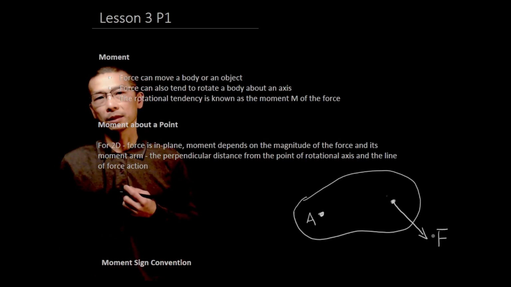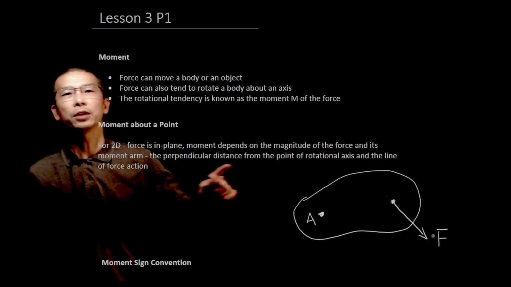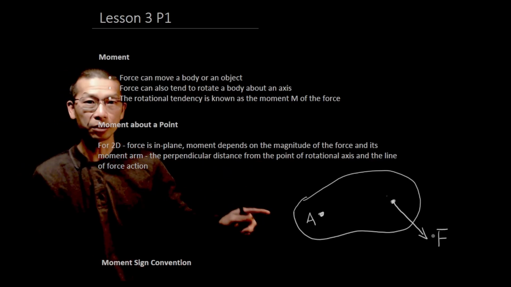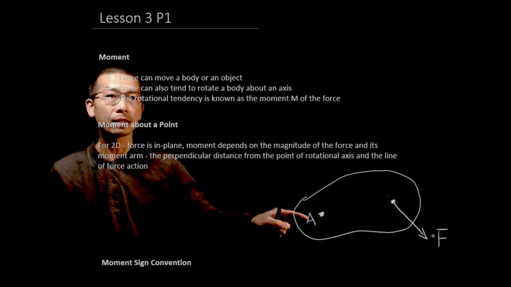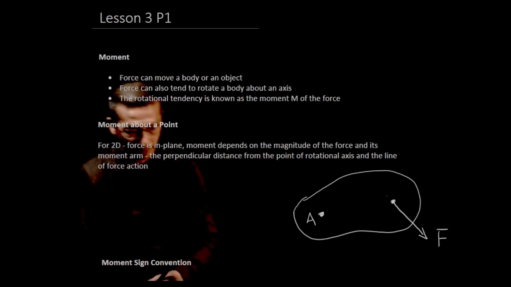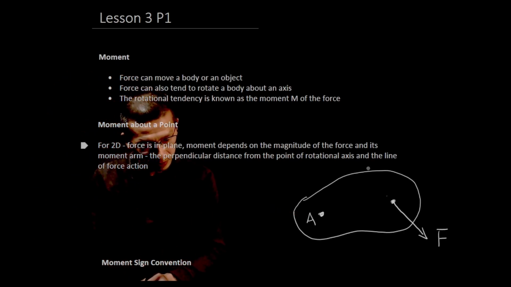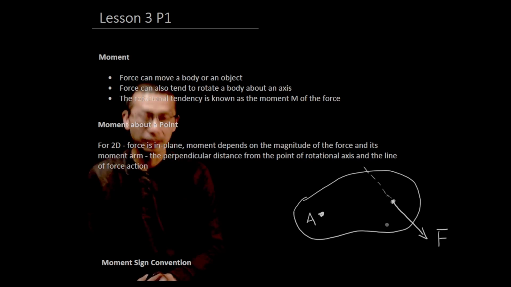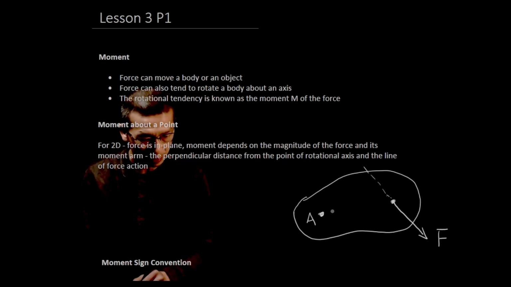What is the moment arm? Well, it's the perpendicular distance from the point of rotational axis, which is point A in this case, and the line of force action. So let's draw the line of action. And it's the perpendicular distance.